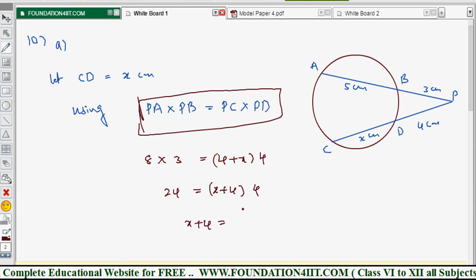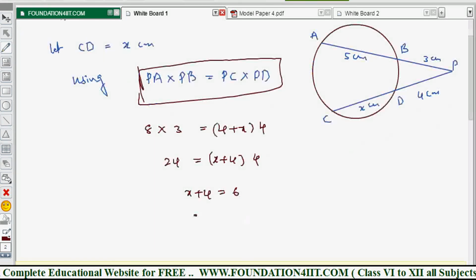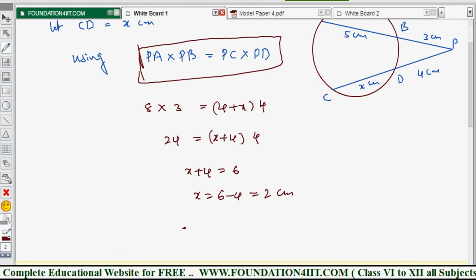Then x plus 4 is equal to 24 by 4. You cancel. So from this, that is 6. Then x is equal to 6 minus 4, so 2 centimeters. So the value of x, that is CD, is equal to 2 centimeters. Therefore, the length of CD, that line segment distance, is 2 centimeters.